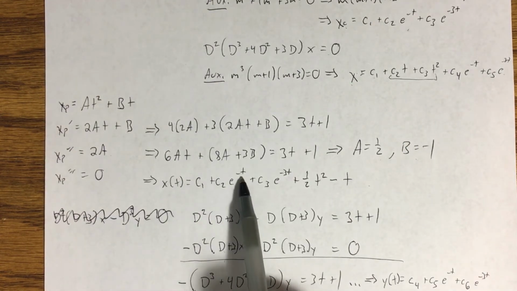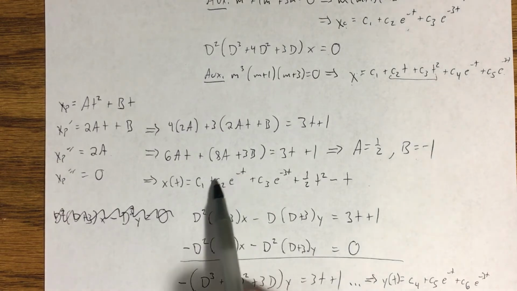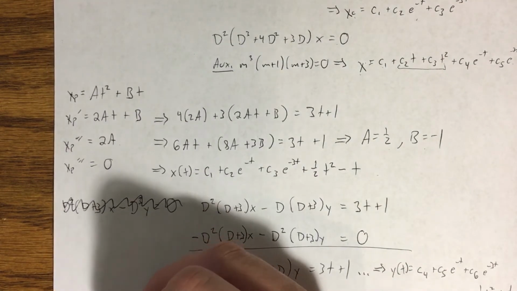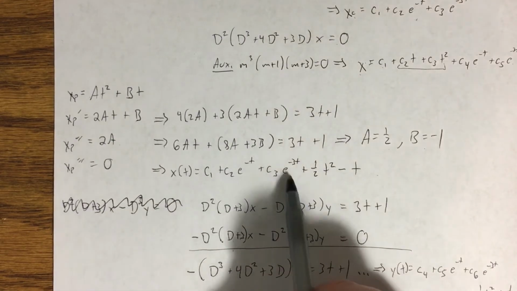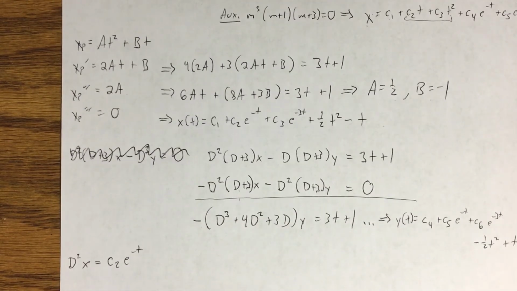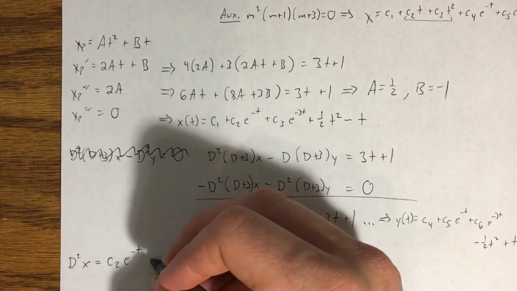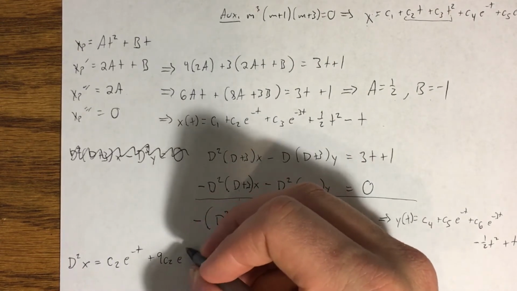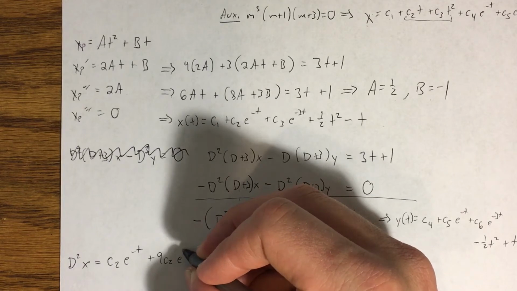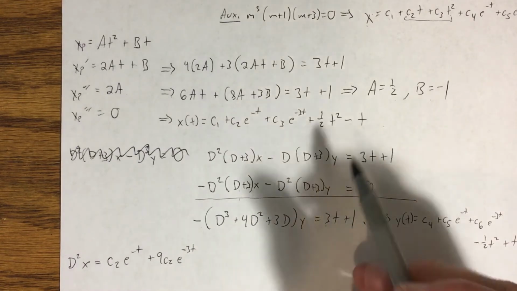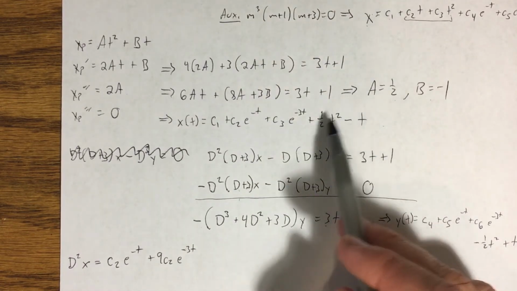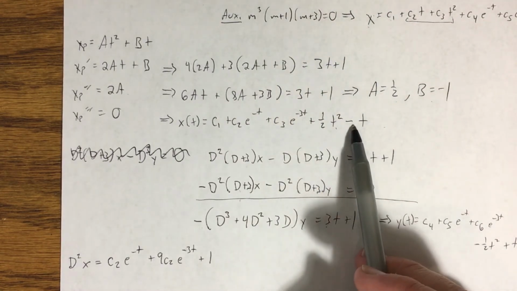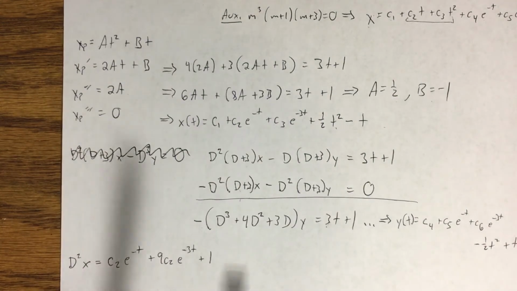My c2 e to the negative t term is going to spit out a negative for my first derivative, another negative for my second derivative, and just leave me with c2 e to the negative t. This guy right here, after two derivatives, is going to give me plus 9 c3 e to the negative 3t. First derivative of this is just t, second derivative would be 1, so this becomes plus 1, and second derivative of negative t is just 0, it goes away.